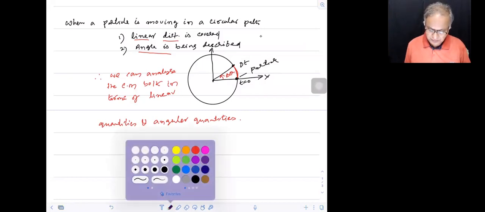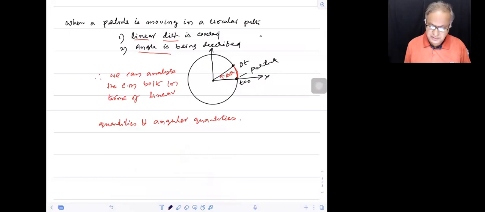Now, first quantity I define is average speed of this particle going in a circular path, I can say V average, but remember this is speed, not velocity.